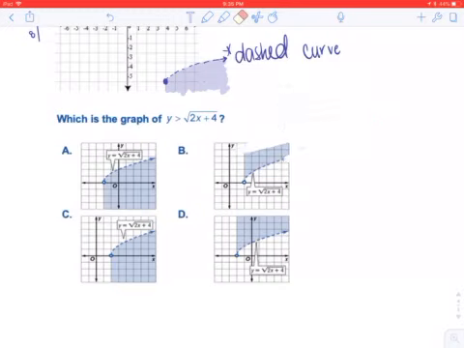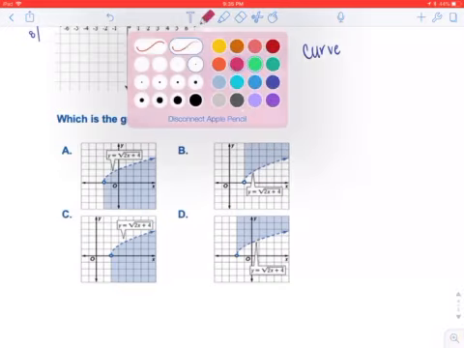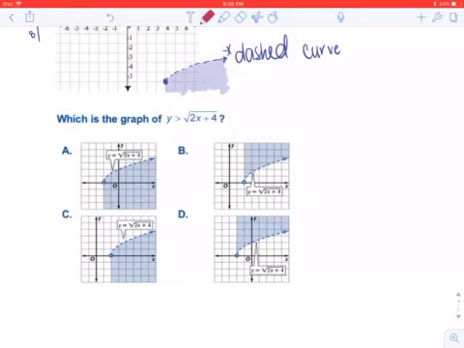So take a moment and look at the situation and try to deduce which one this might be, right? So which is the graph of the square root of 2x plus 4? Well, this is kind of tricky, but notice if you factor that out, or even if you just say, okay, the domain says this must be greater than or equal to 0.